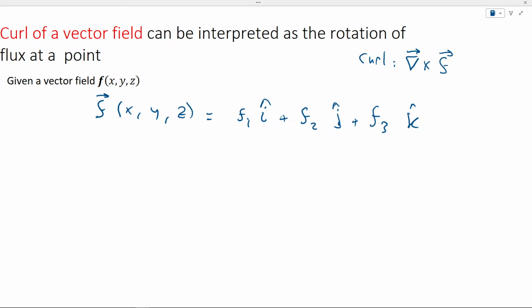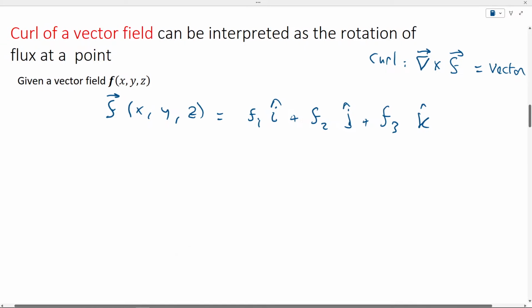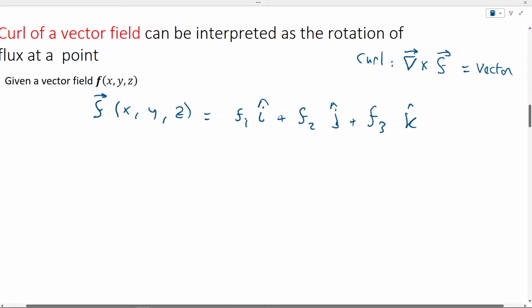This cross product will give us a vector, so we expect to get a vector, not a scalar. The gradient does not require this arrow, because by definition it is a vector, but I put it to re-emphasize the concept so that you know I'm expecting a vector.